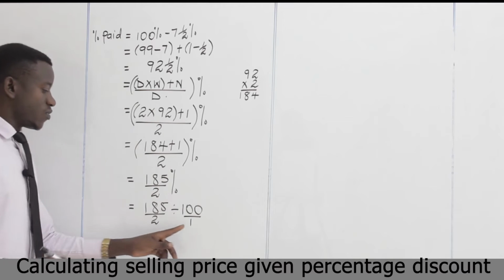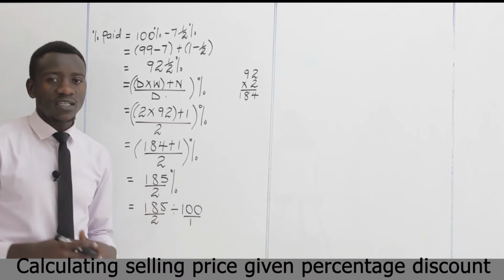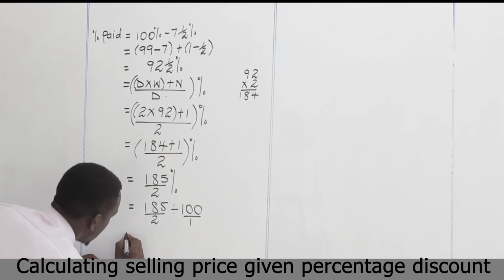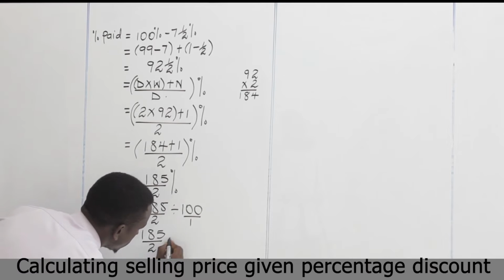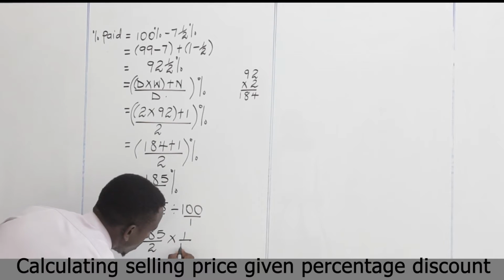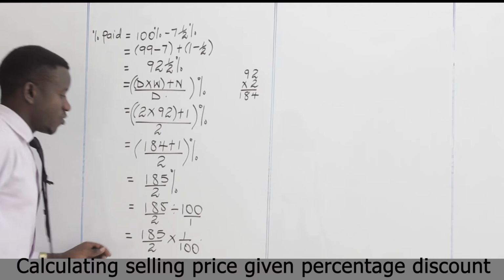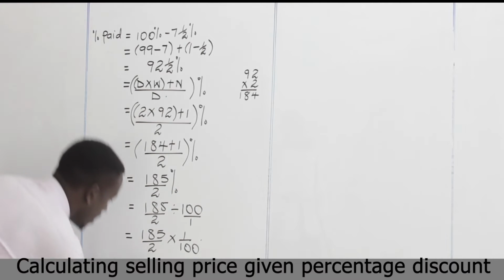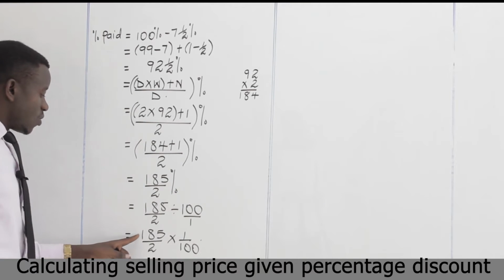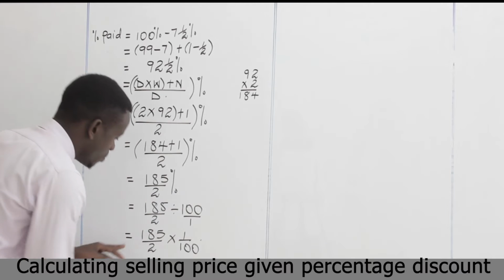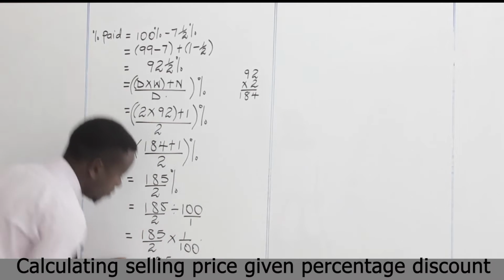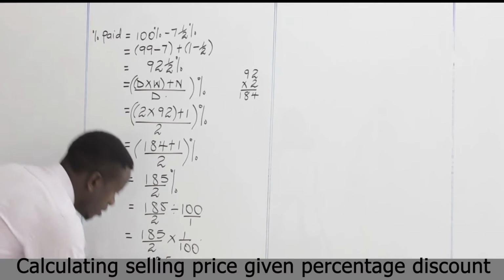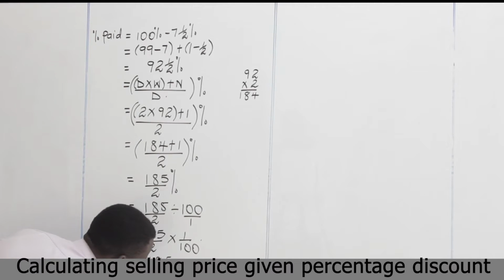Then we make it out of 1 to have a numerator and the denominator. From there, we shall have 185 out of 2, then times 1 out of 100, the reciprocal of the percentage, where we shall have our last step as 185 times 1, numerators alone, which gives me 185 out of 2 times 100, which is 200.